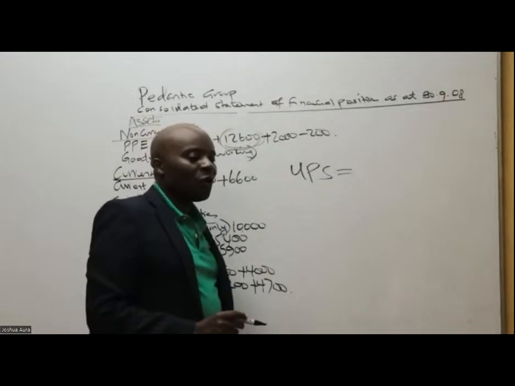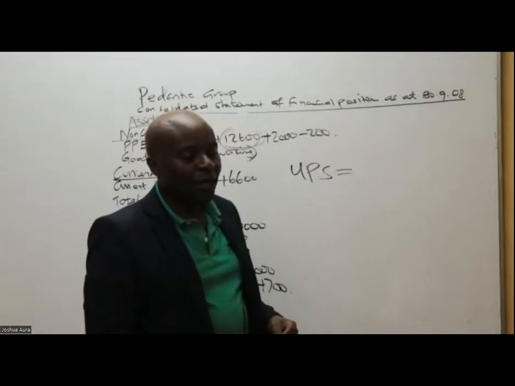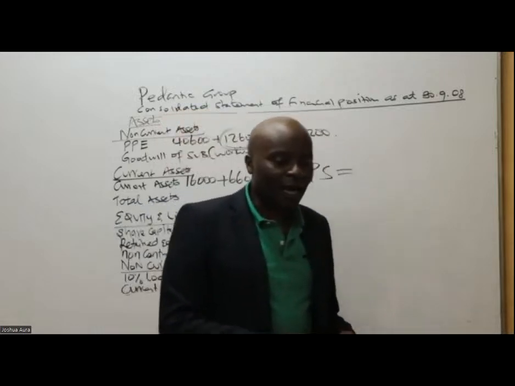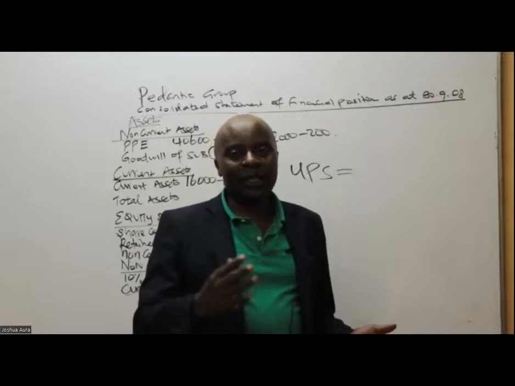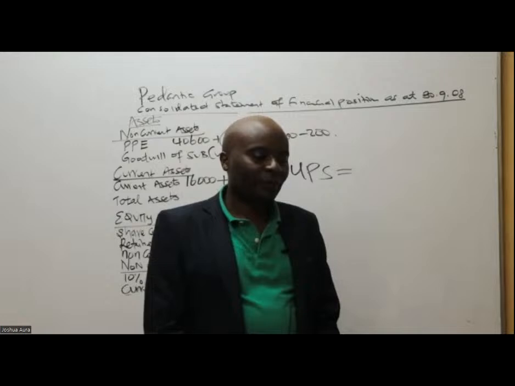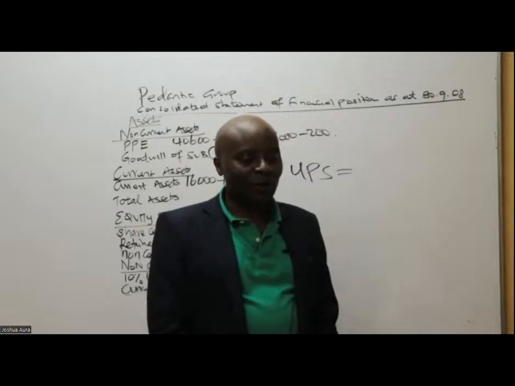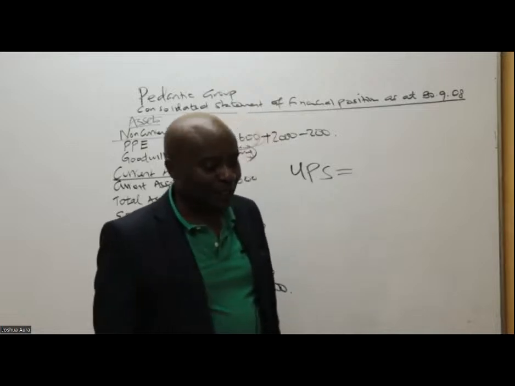Is there anybody who can remind us of the formula for getting unrealized profit on stock? I'm calling you people examiners. For sure that now is a process that all of us will pass. So UPS equals who? UPS. Thank you very much, Nimrod.